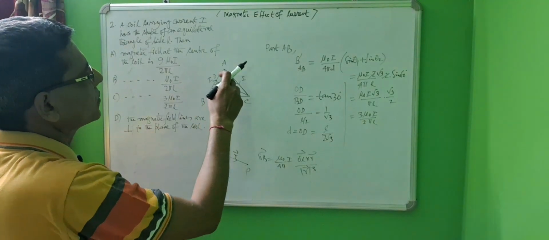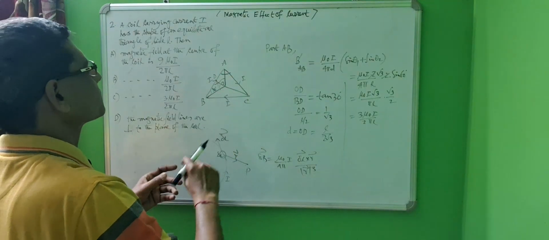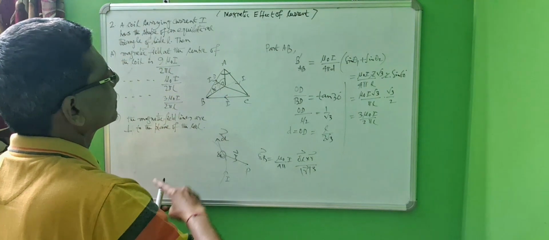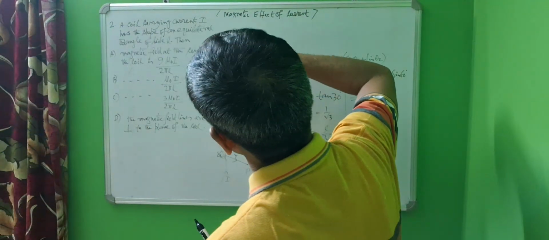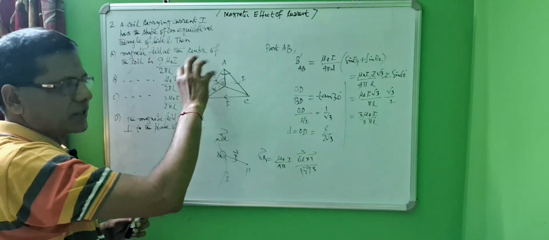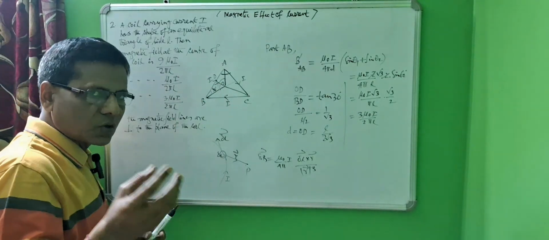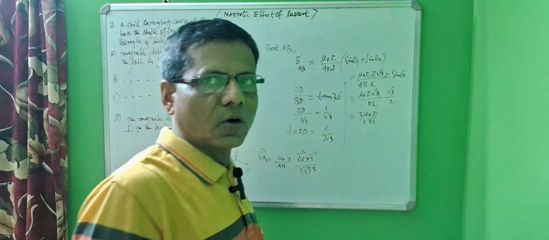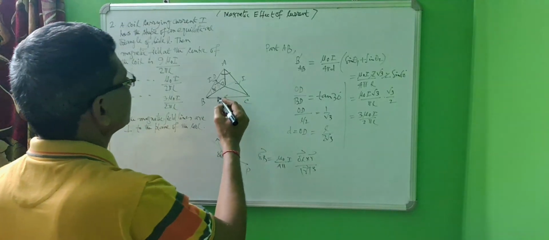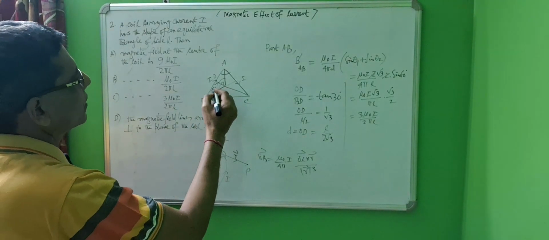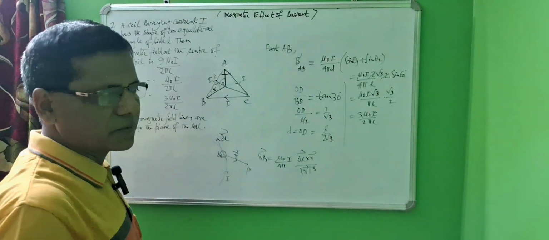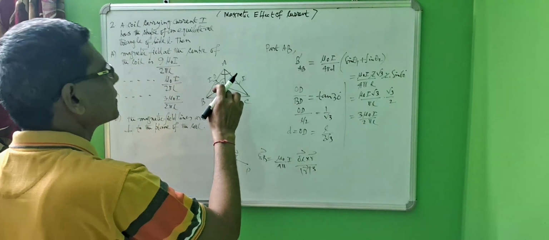So for this and for this, the same case. This is delta L, this is R, delta L cross R. The same thing is rotating. With Maxwell's cork screw rule we get the direction of the vector product. So after all we can say that D is correct, because for the three portions the magnetic field lines are penetrating perpendicularly.